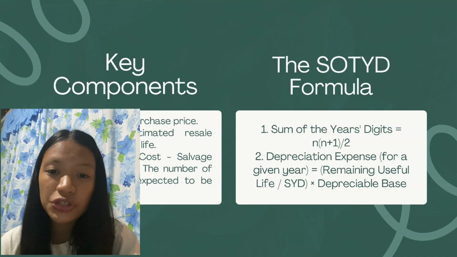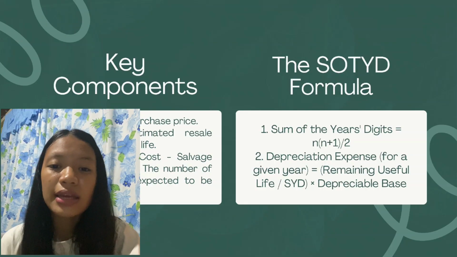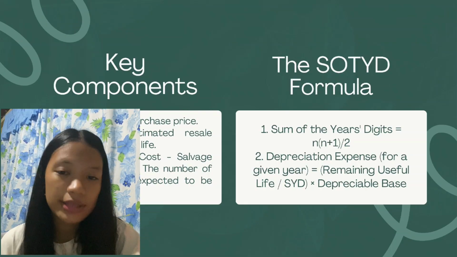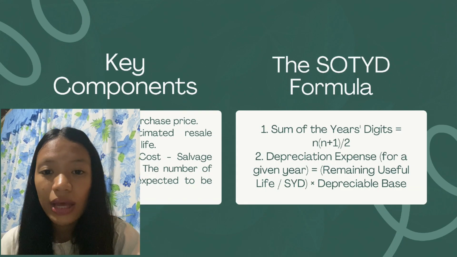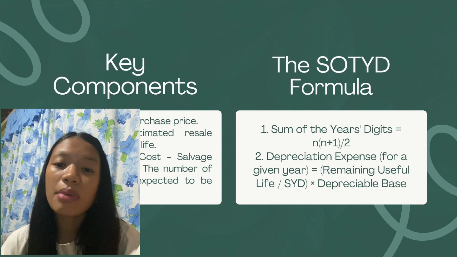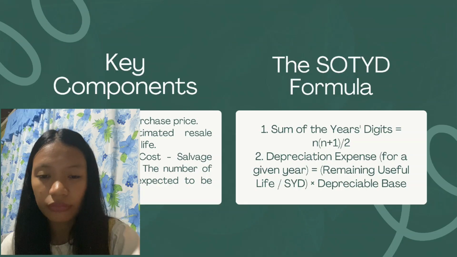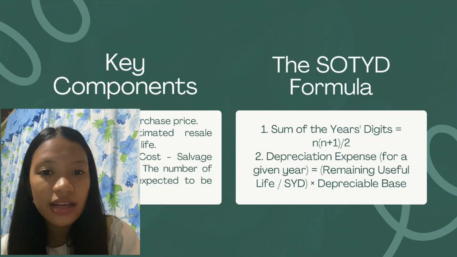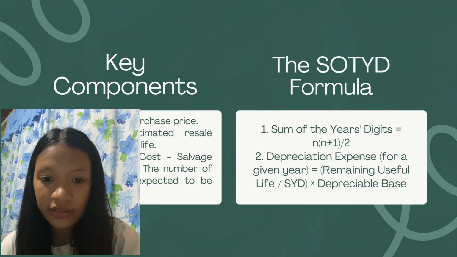Finally, for each year, the depreciation expense is calculated by taking the remaining useful life at the start of the year, dividing it by the SOYD we just calculated, and then multiplying that fraction by the depreciable base. This fraction gets smaller each year, which is what creates the accelerating effect.